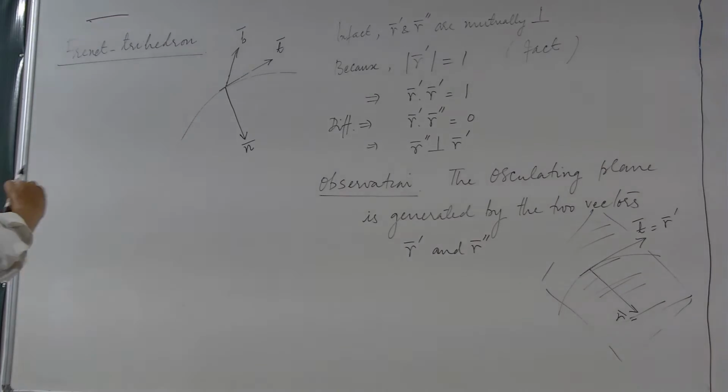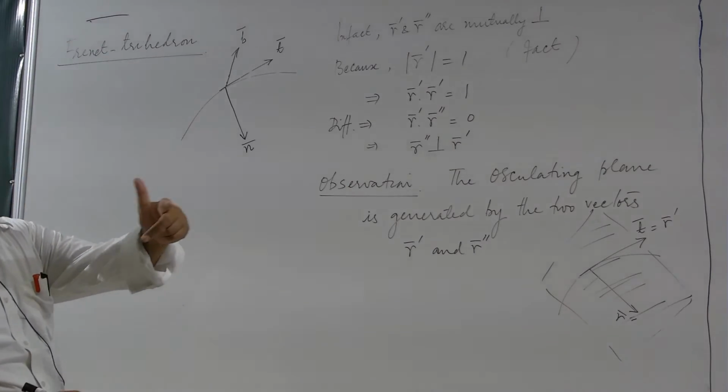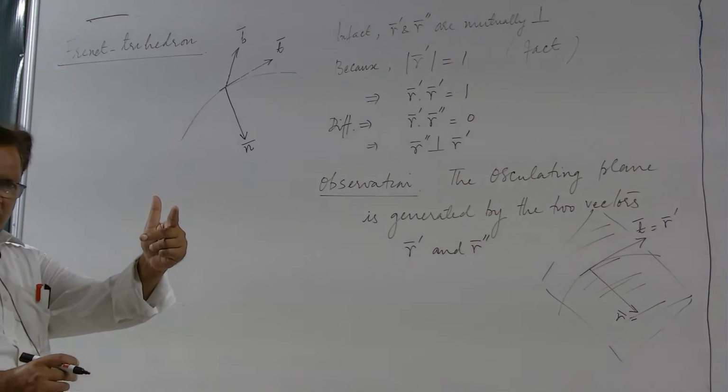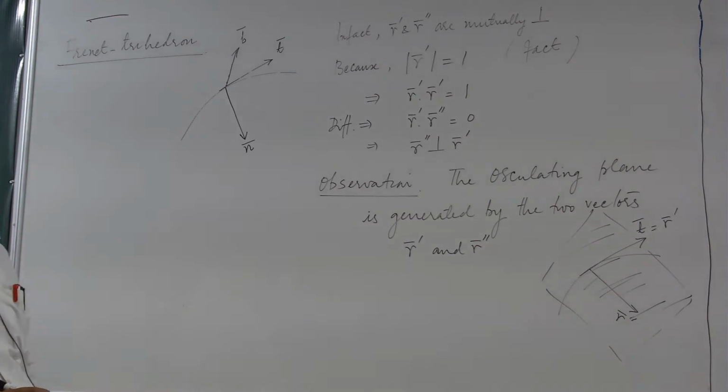So, this is a triplet of three vectors. When you move along the curve, these three vectors will also move along the curve. They will remain perpendicular to each other, they will remain unit vectors, but their direction will be changing all the time.